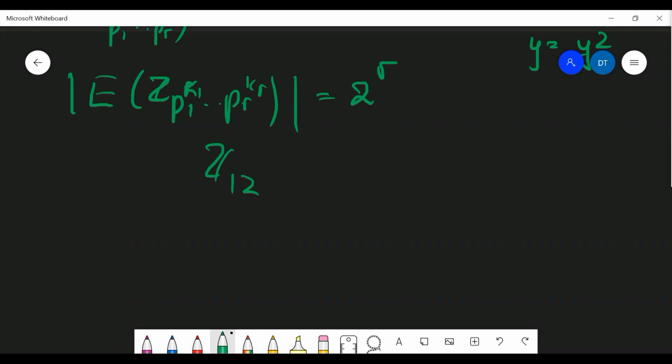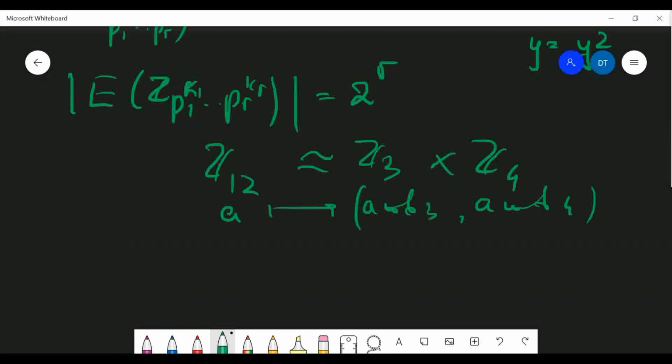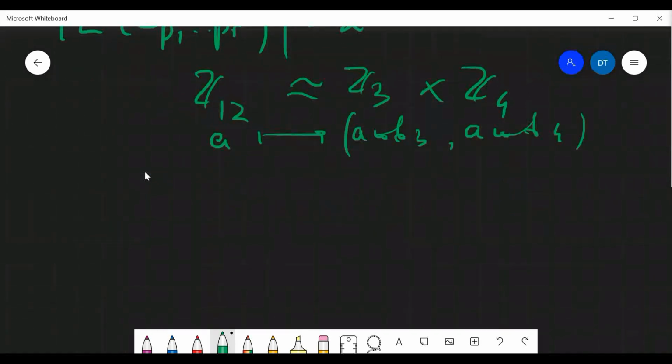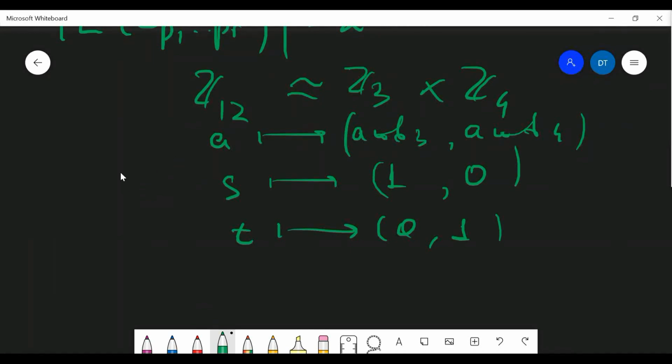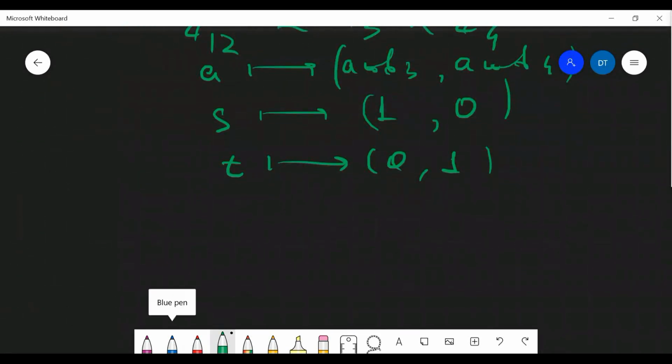So 12 is a product of 4 and 3, so this must be isomorphic to Z3 times Z4, where element A goes to A modulo 3 and A modulo 4. Now, how do we get an isomorphism in the opposite direction? As you remember, we need to find elements going to these two specific ones, elements S and T. So what is S?